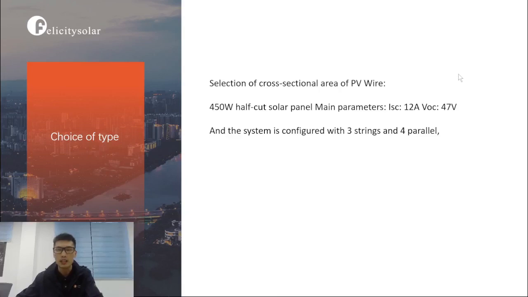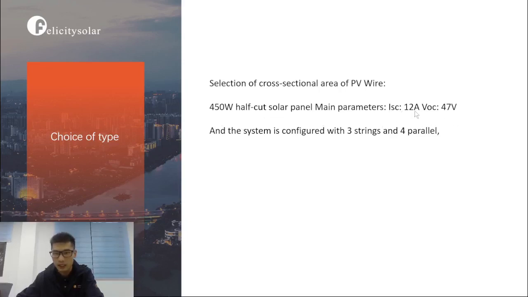And here, I need you to calculate the current, because we are going to choose the size of the PV wire. But before we choose the wire, we need to know the current of the PV. So here are the information you may need.